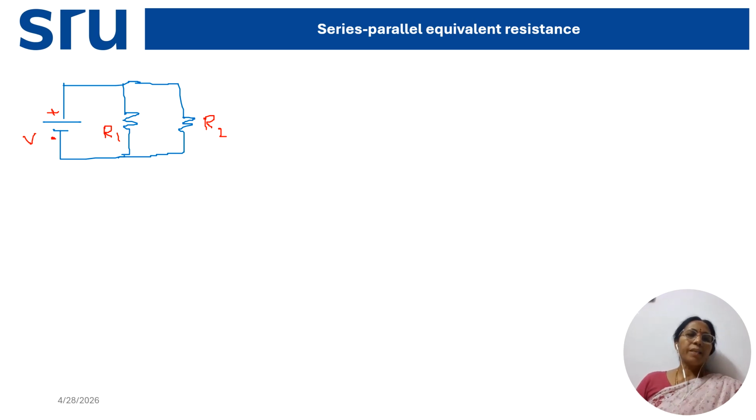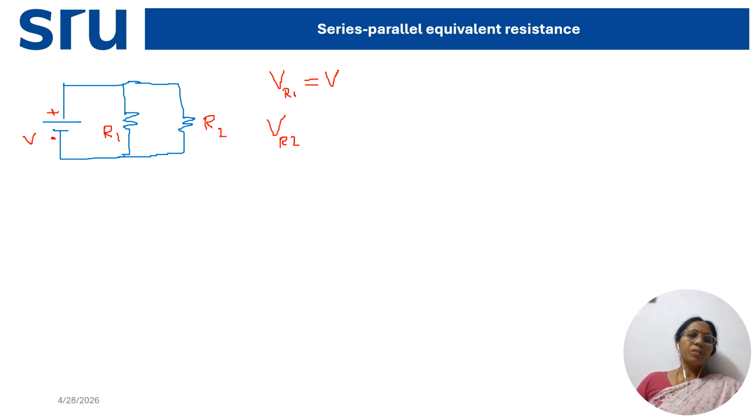Means I can write the voltage across R1 is the source voltage V, and the voltage across R2, the first terminal of R2 is also connected to plus and the second terminal is connected to minus.